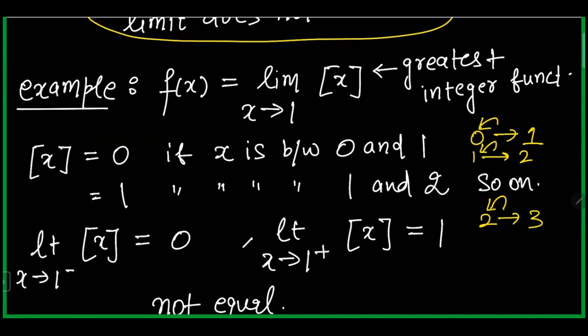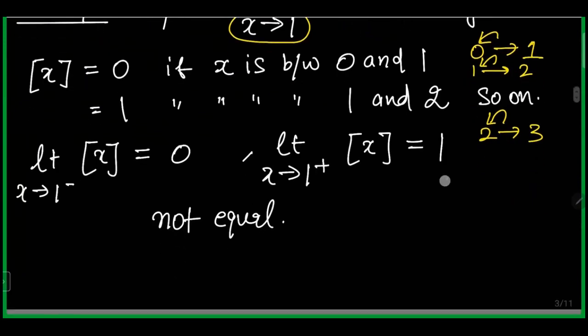So you want to approach 1. So your x is approaching 1. Now very carefully see. So this is your 1, and this is your 0, and this is your 2. So very carefully see, when I am very less than 1, it means I am between 0 and 1. So my value will be 0, because greatest integer function gives you 0 if you are between 0 and 1. Now, if I'm very slightly more than 1, then it means I'm between 1 and 2.